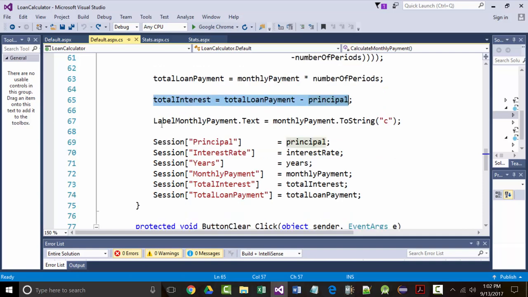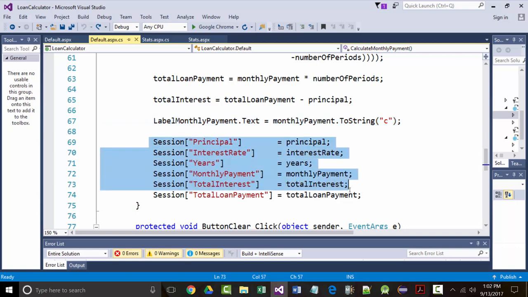Okay, then that actually put that value in for the monthly payment, and this was setting my session variables. I realized after I did this, I should have put in comments, and I didn't. If it helps you, then you should put comments in your program. All right?